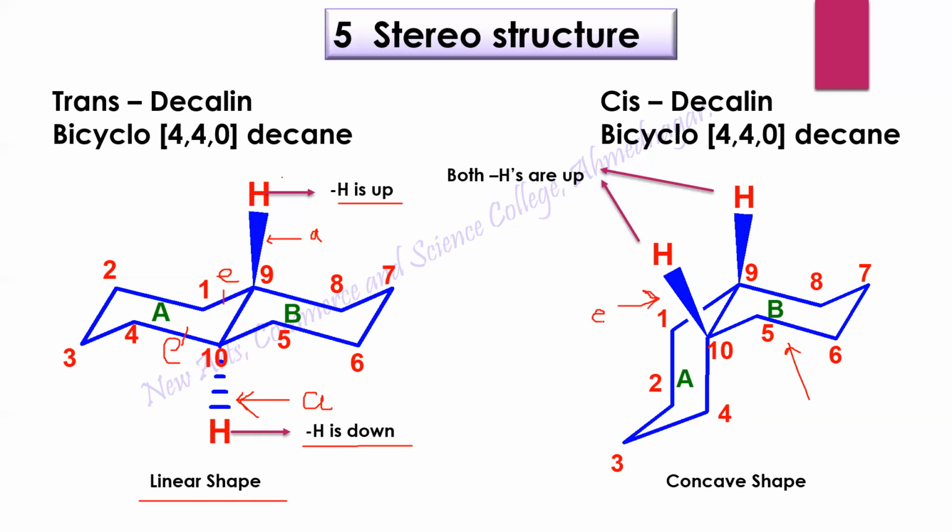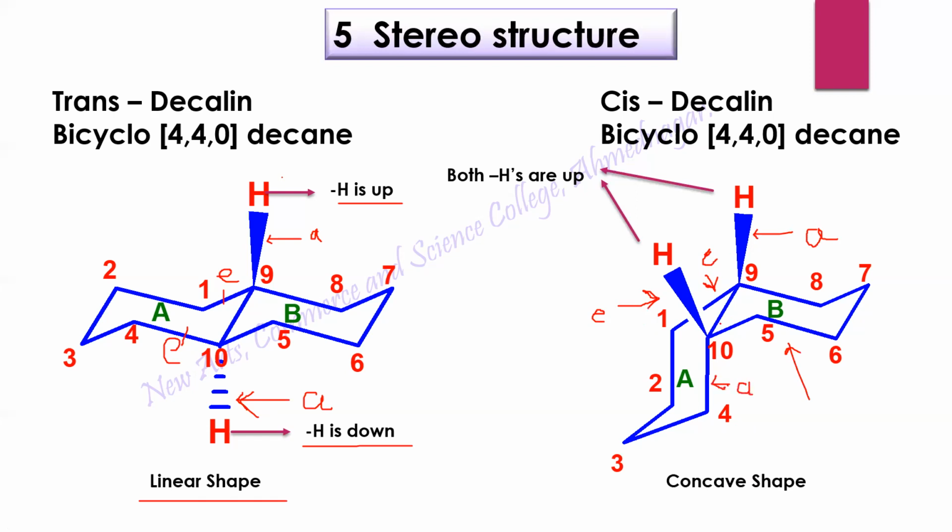Now this hydrogen is equatorial and this hydrogen is axial. So the ring bond that remains here is this equatorial ring bond, and at number 10 again this bond is axial.